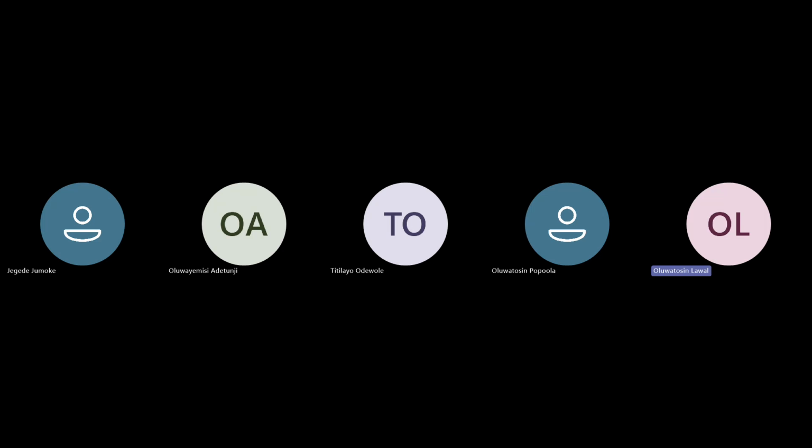You have this in the middle, then you have this here, and this one has its own. This one is also connecting to another one here, and that one is connecting to another one here.